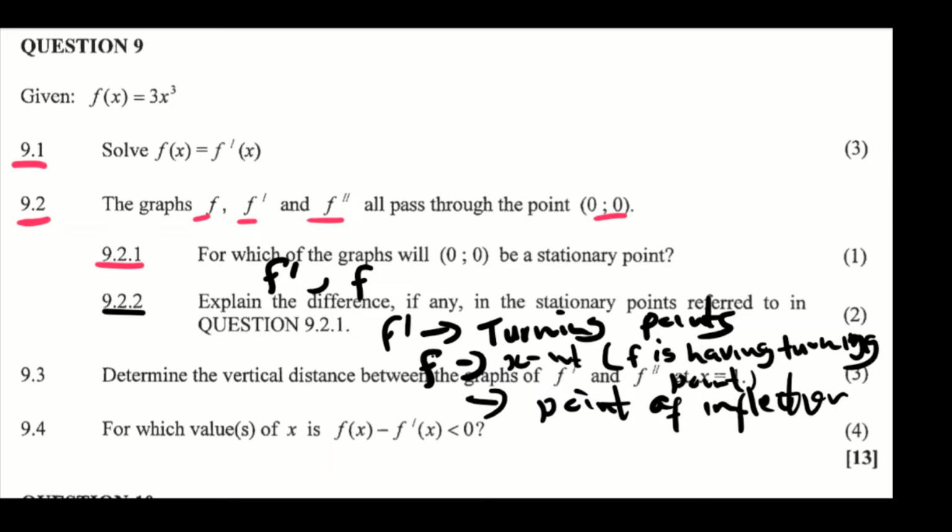So what do I mean by it will give you the x-intercept? You can have a situation where your cubic looks something like this, right? So this point here is the turning point of the function f of x. It's a turning point.